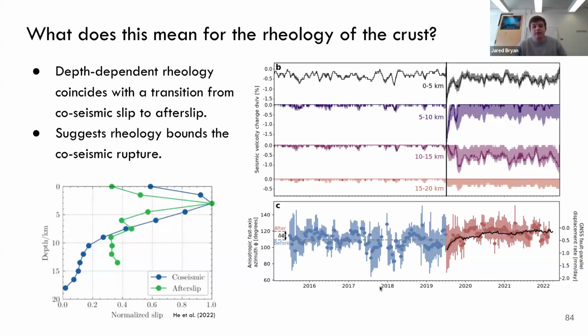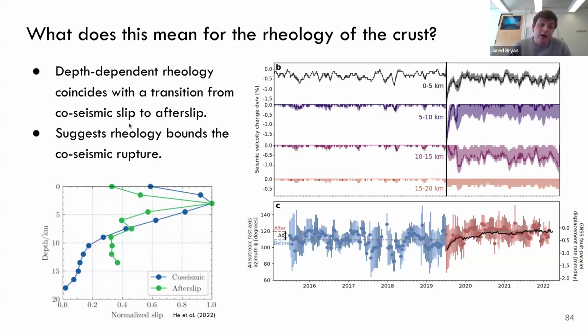Okay, so by means of interpretation, what does that mean for the rheology of the crust? We saw this depth-dependent contrast in how the seismic velocities evolve through time, which is different for the shallowest subsurface versus this mid to lower crustal velocity change.